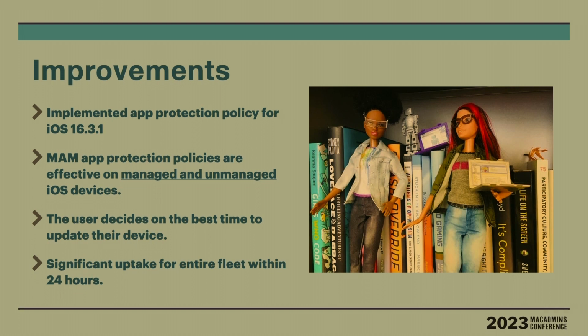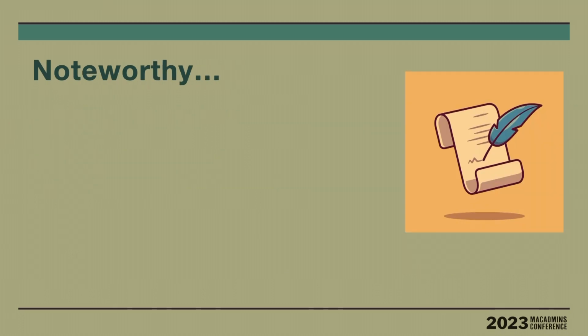The significant change that happened was seen within 24 hours. Consistently, when we put the change in place and there's a new iOS update out, within 24 hours, 2/3 of our managed fleet has updated. No forced updates, no forced announced restarts. It just works because the user's in control.